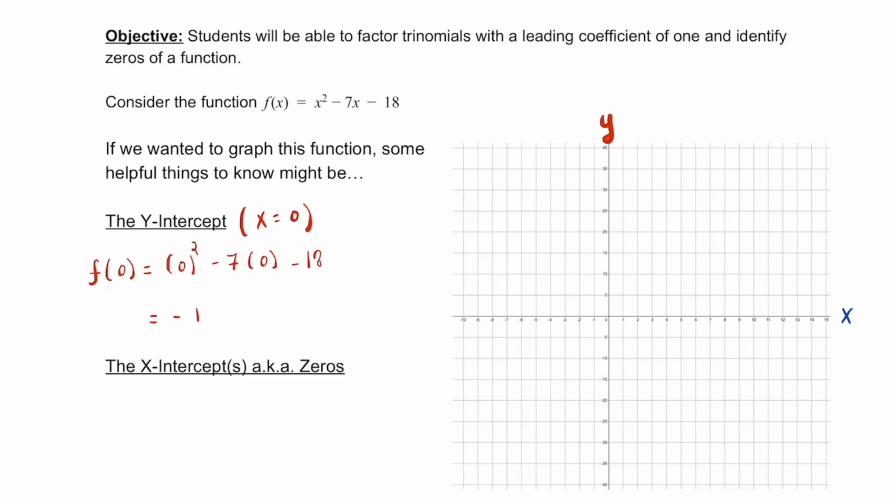All we're left with here is negative 18. And so we know that this graph f of x crosses the y-axis at a y value of negative 18, because we just found the point here, (0, negative 18). That is your y-intercept.